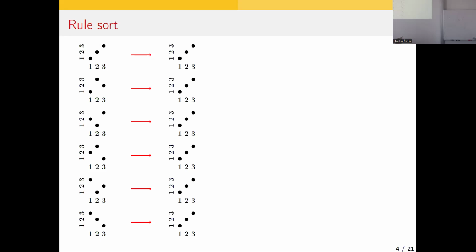Okay. We can have other processes with other rules. So for example, we could also sort permutations with a rule called lazy sort. In this case, you are lazy and you do changes only if they have a big impact.